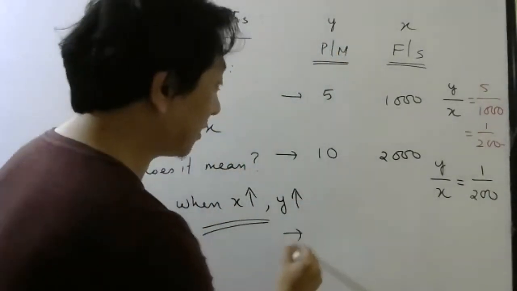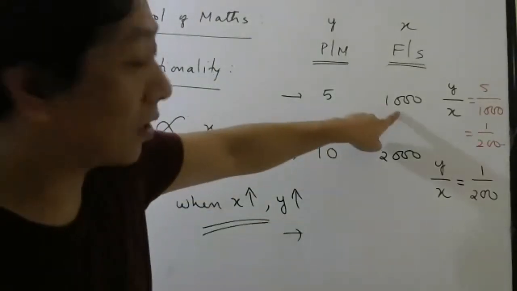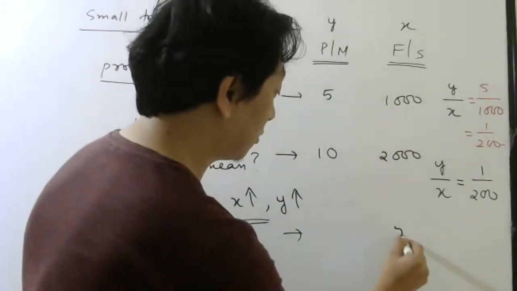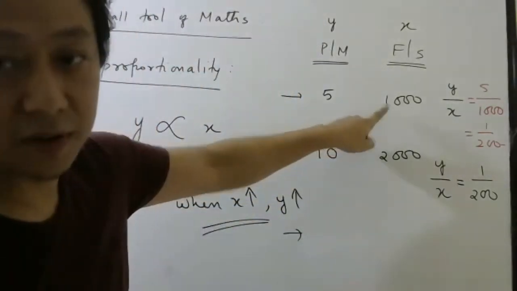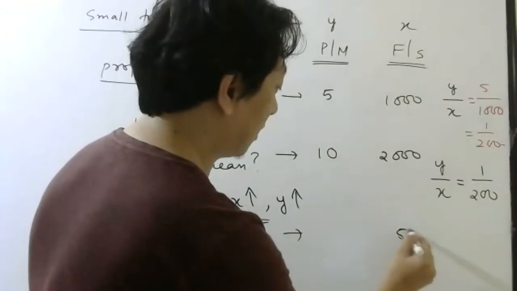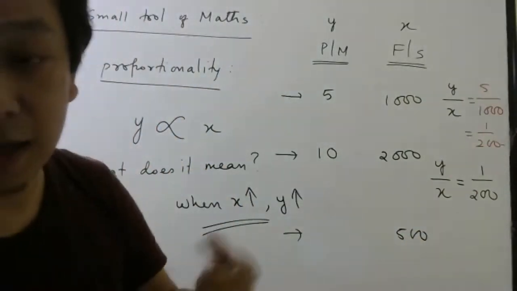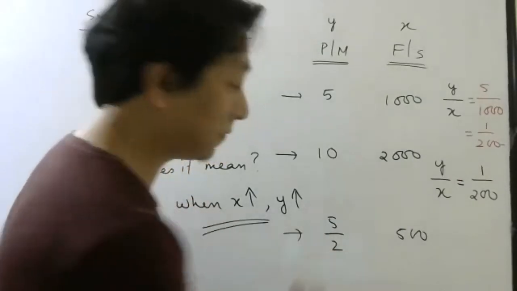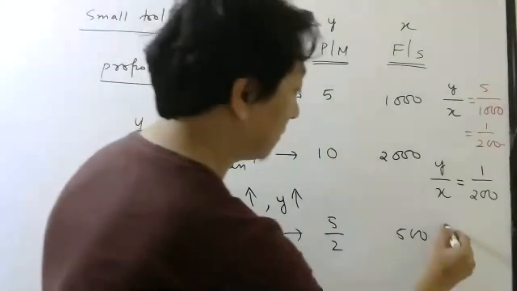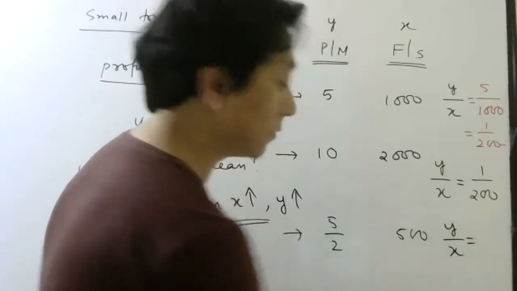For some reason, let's say he did some mistake and his salary became half, which means 500. And then if it is proportional, he should make my pocket money also half. Now what will be the ratio?